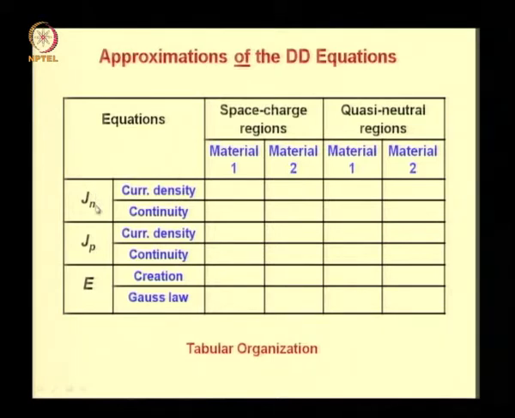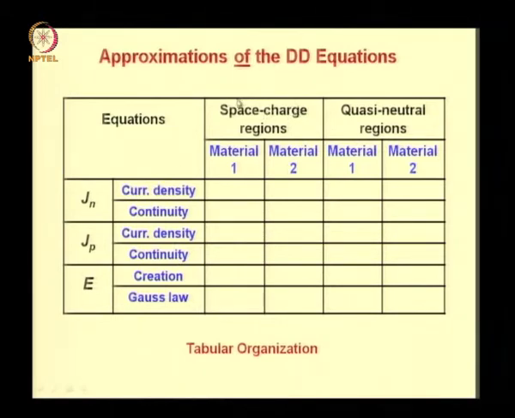We have listed in these rows the electron current density, the hole current density, and electric field. For each of these flows you have two equations, as we know in drift diffusion model. So each row here is an equation of the drift diffusion model.